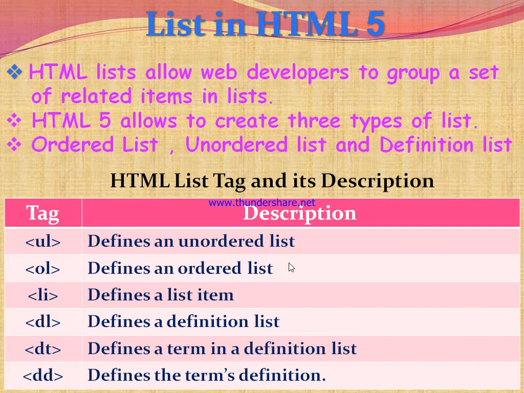That means suppose I want to highlight one text as a heading text or a term, and below that I want to display its description part. So the term is defined with the DT and its definition part, meaning the explanation part, will be enclosed in DD, that is the term's definition.